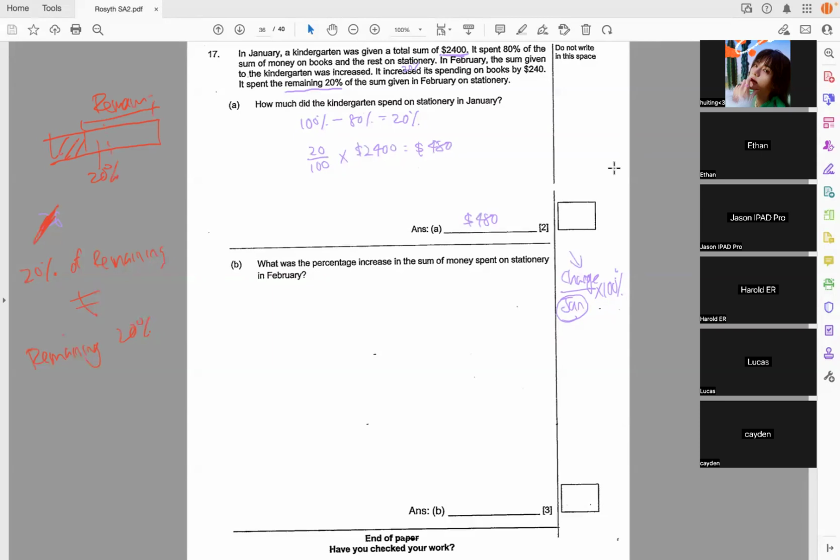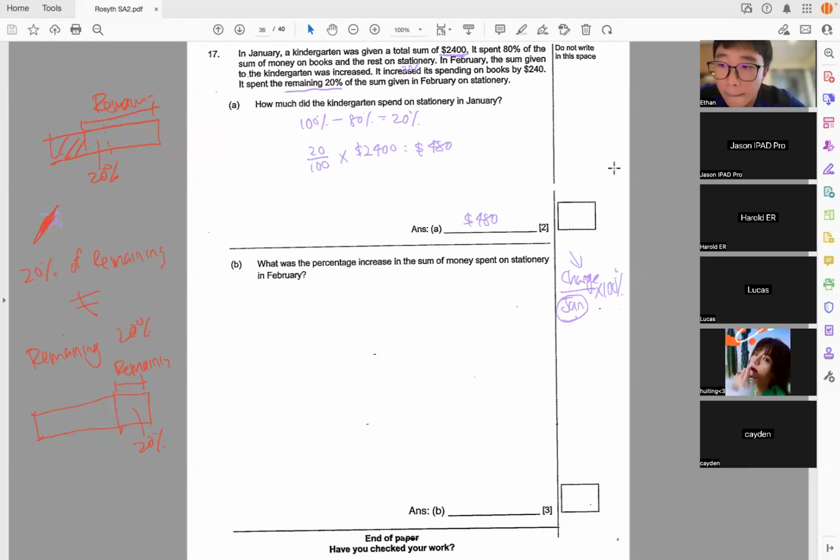Remaining 20% means this: this is the remaining, and it's 20%. Got it? Everybody understand the difference? Remaining 20% and 20% remaining. So this question means that the remaining is equal to 20%.